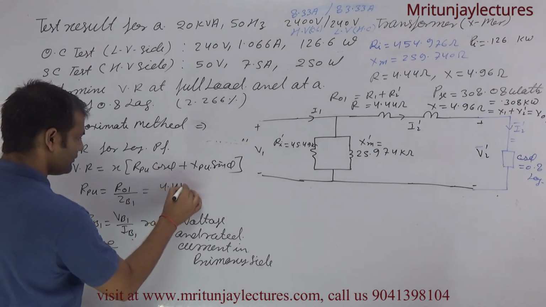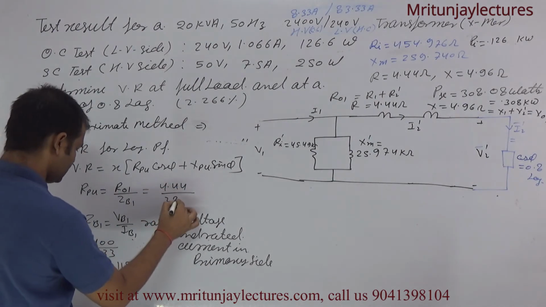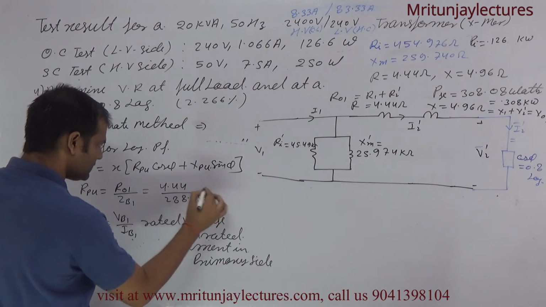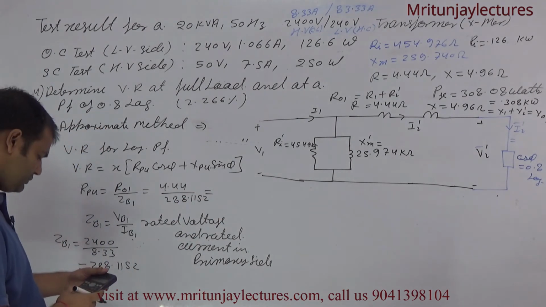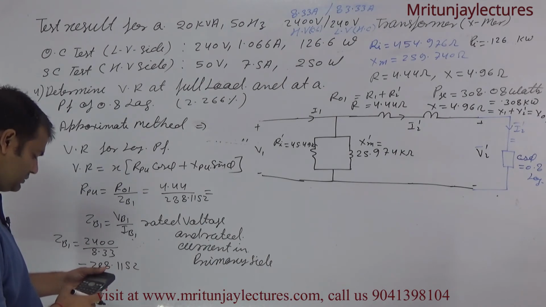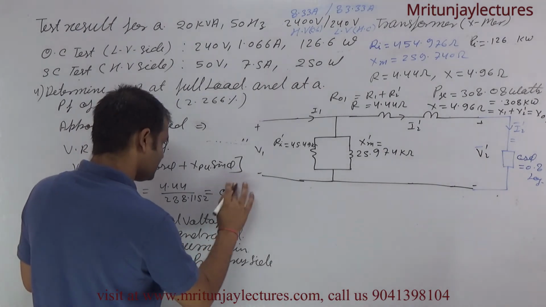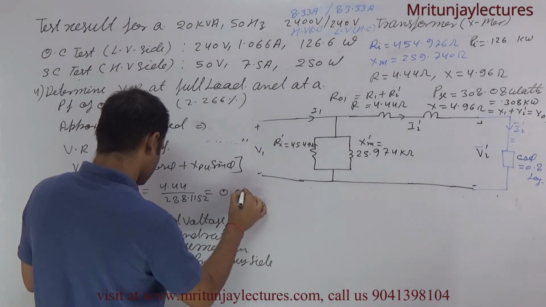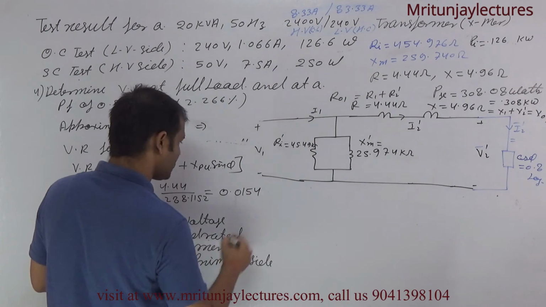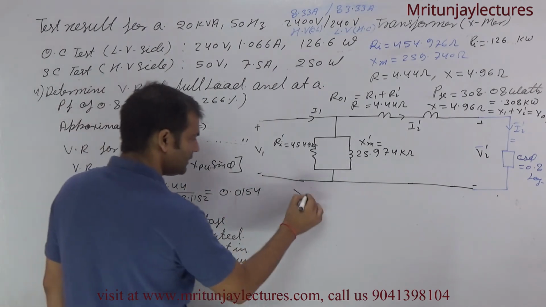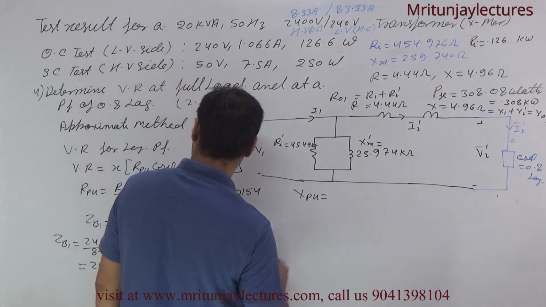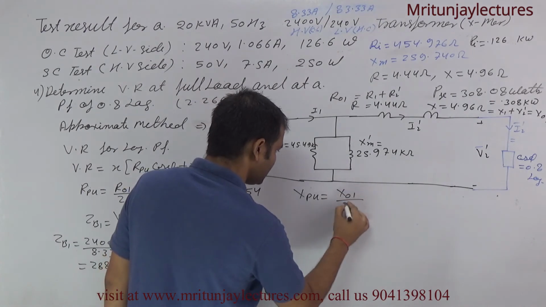RPU is 4.44 divided by 288.1152, that is 0.0154. Now XPU is equal to X01 divided by ZB1.